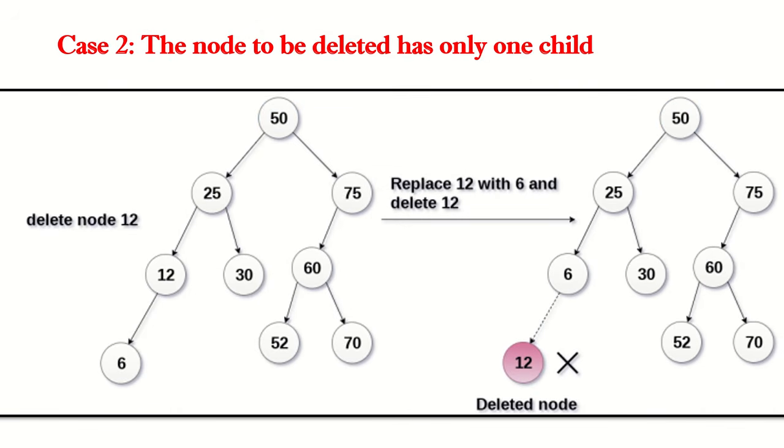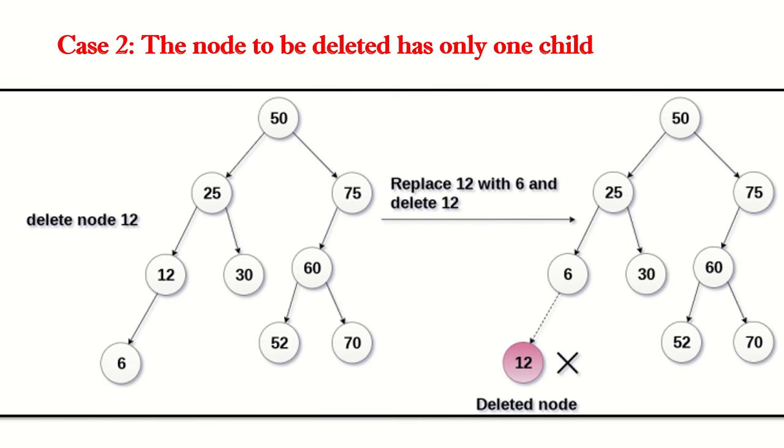Case 2 is that the node to be deleted has only one child. In this example, let us take the node to be deleted as 12. 12 cannot be directly deleted from the tree as it has a child with the value 6.